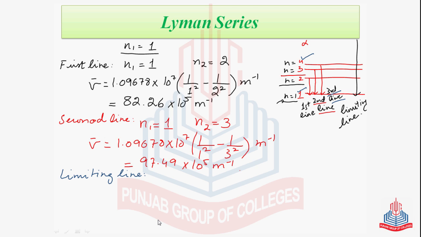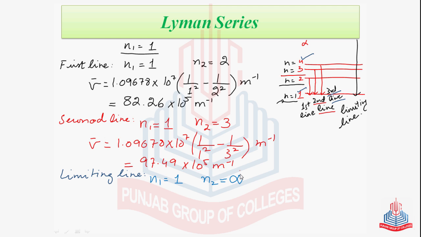Limiting line के लिए हम ये specify कर चुके हैं that N1 will be 1, N2 will be equal to infinity. यानी limiting line is developed when electron jumps from infinity to N1.